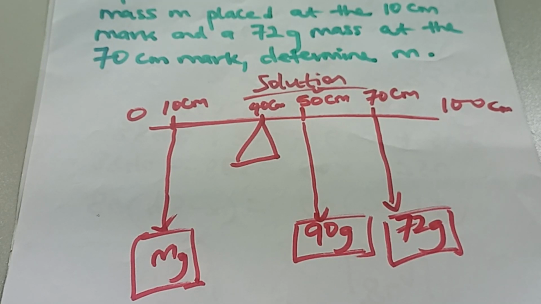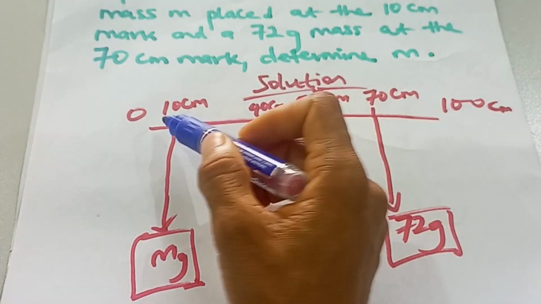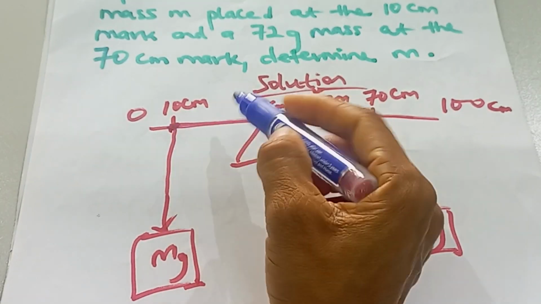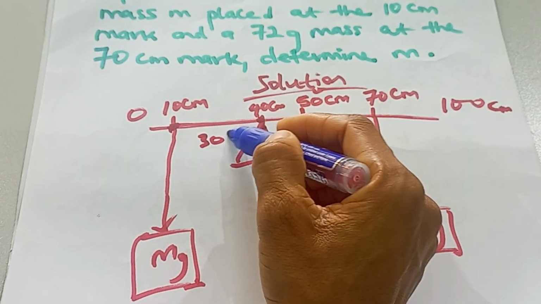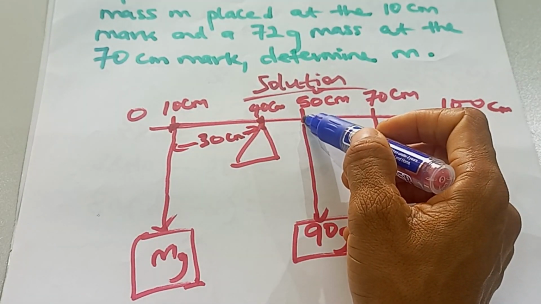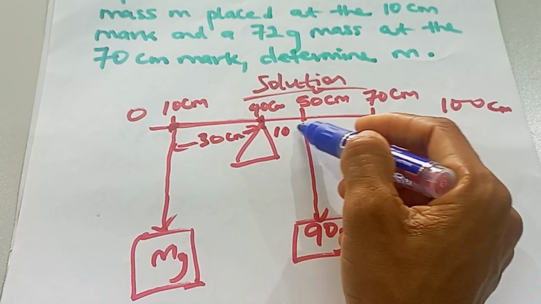Before we take moment, let's get all the necessary distances. That's the step. Once you get your diagram correctly, you now look for the distances before you can apply the formula. Now here is 40. 40 minus 10, from here to here, is 30 cm. Now 50 minus 40 here is 10.